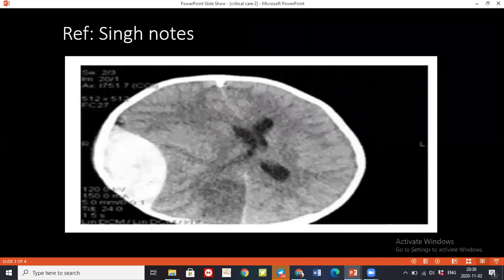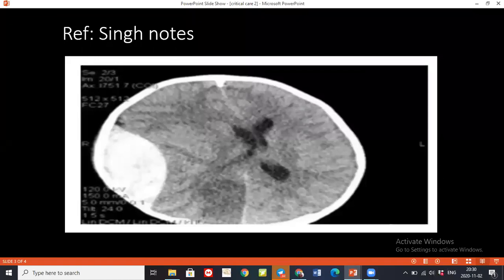What is the normal intracranial pressure? Normal intracranial pressure is 7 to 15 millimeters of mercury, or 5 to 20 centimeters of water. How can you measure it? What are the ways? There are different ways to measure. Some are invasive and some are non-invasive.